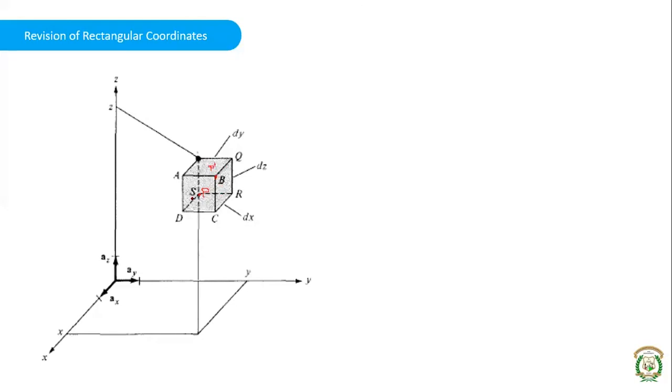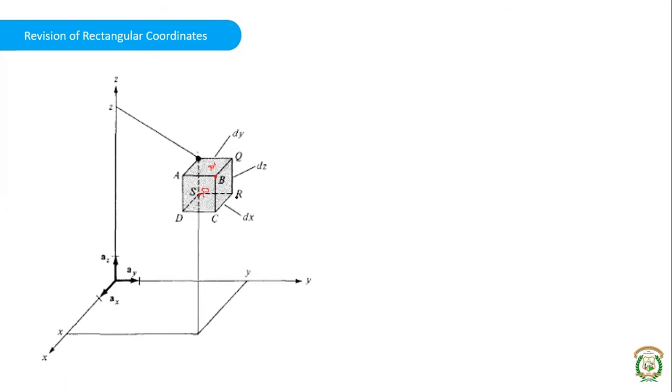So you get a parallelepiped, or a small cube if the sizes of the edges are equal. The length in the x direction is dx, the length in the y direction is dy, and the length in the z direction is dz. These are the lengths.